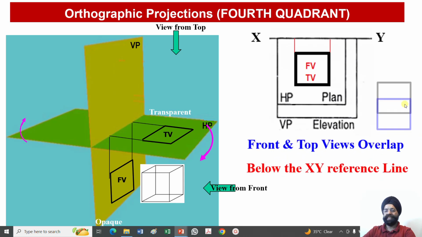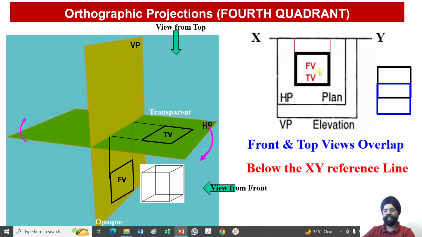And if the distances are unequal, depending upon whichever view is at a larger distance, that will be drawn farther away. Whichever view is at a shorter distance will be drawn at a lesser distance from the XY line. So your front view can be farther away or your top view can be farther away from the XY line depending upon the mutual distance.